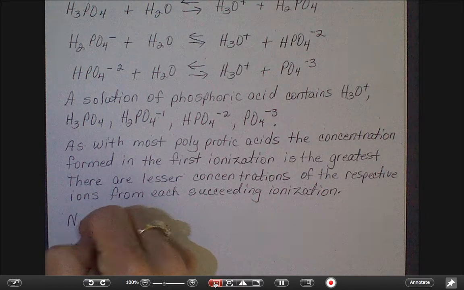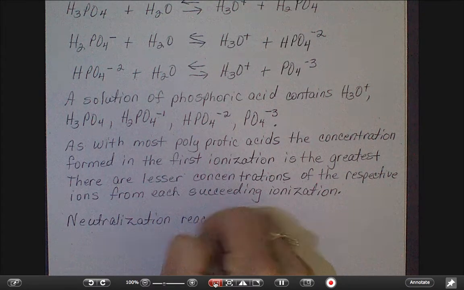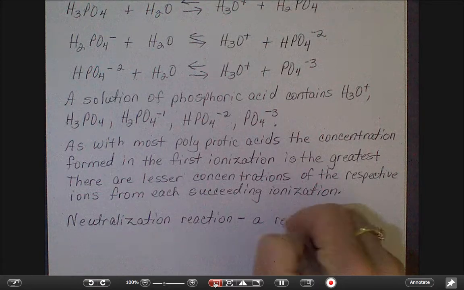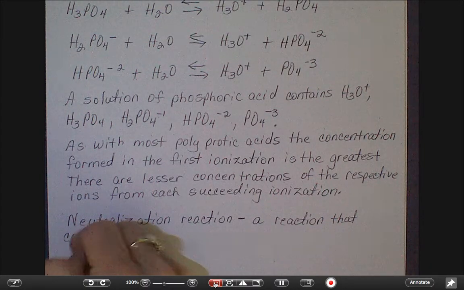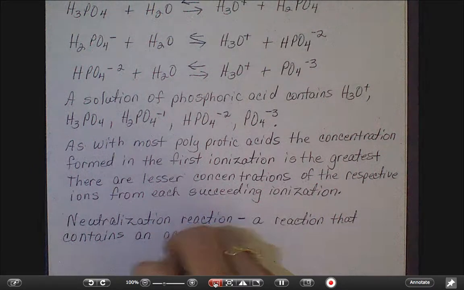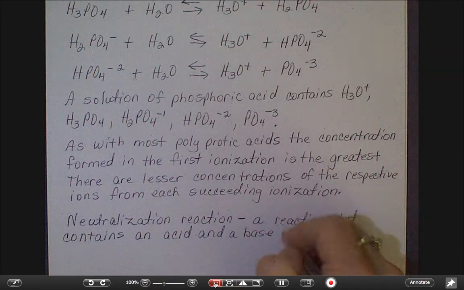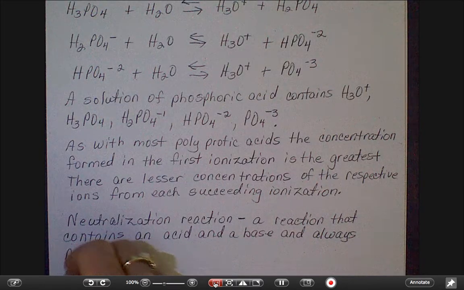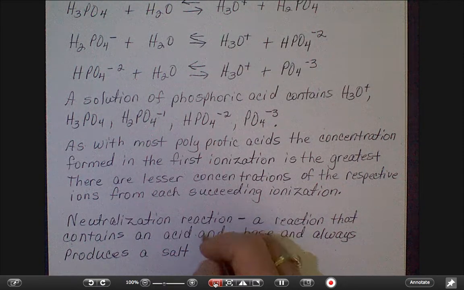Neutralization reaction. A reaction that contains an acid and a base and always produces a salt and water.